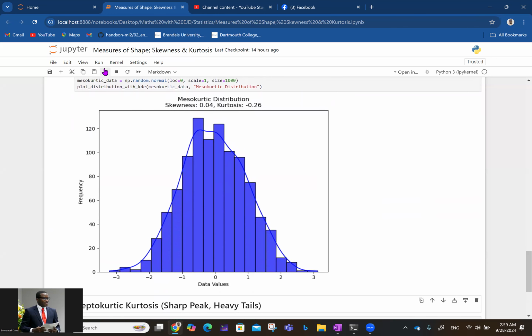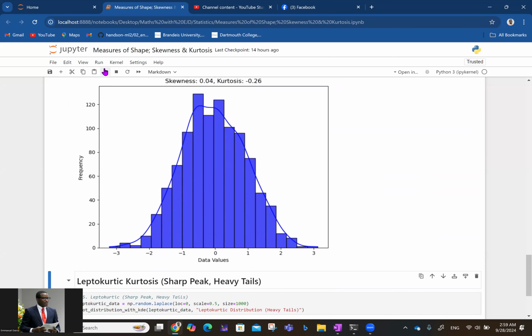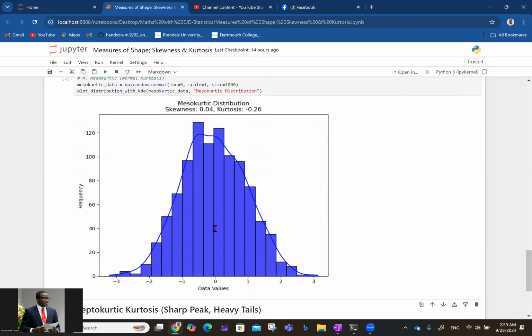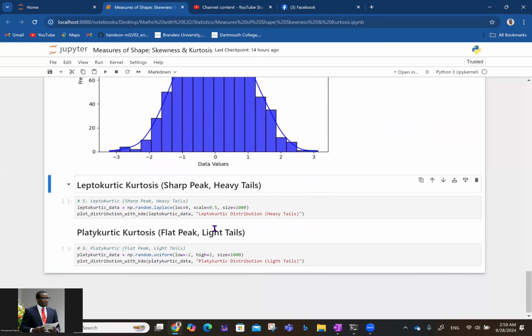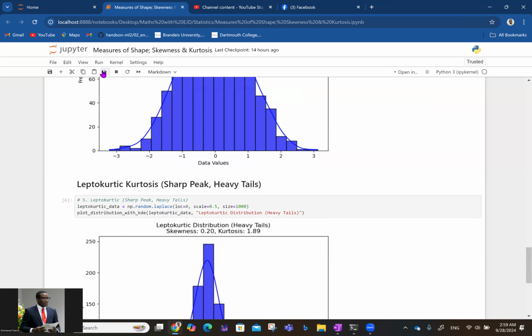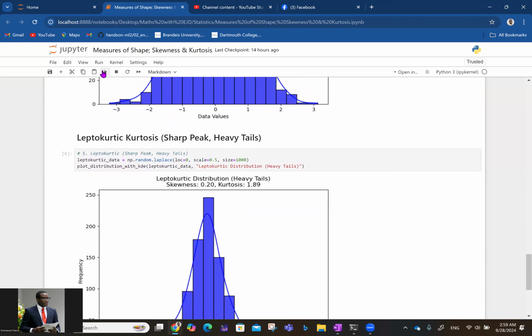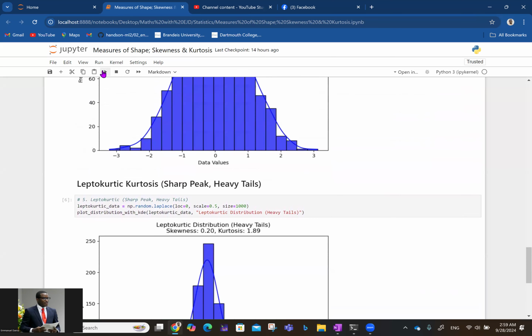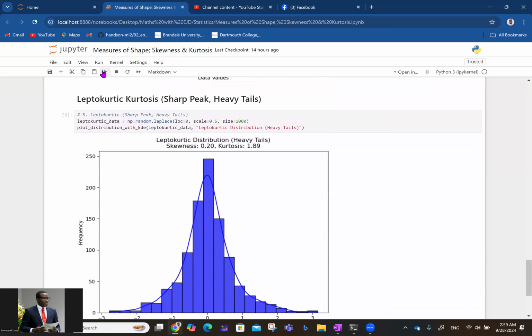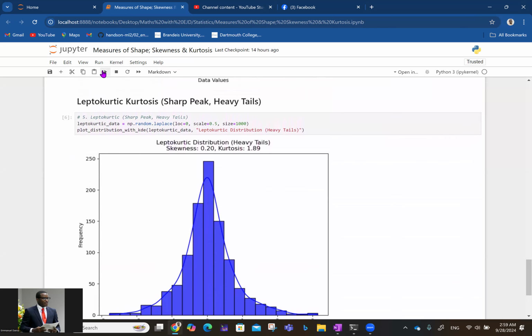It's almost like a perfectly distributed symbol. Not quite, but this is as close as it gets. Here we have a mesokurtic distribution, which is normal. And then we can have leptokurtic, which is sharper. You can see it's sharper instead of this one that is spreading out. So we have a sharp peak and heavy tails.